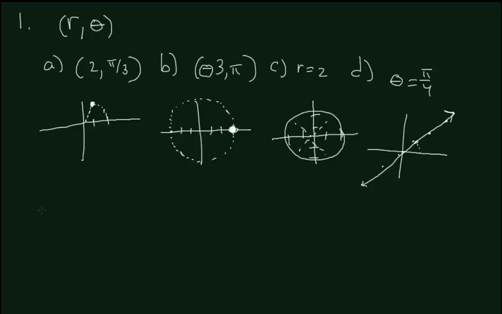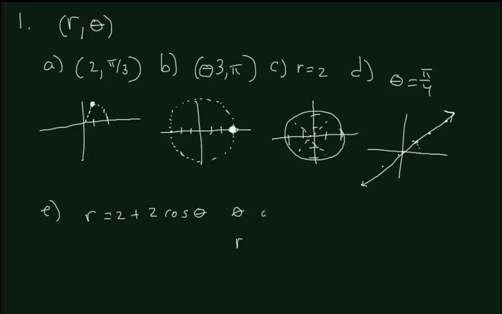Okay, finally, for part E, we're going to graph a function. This is r equals 2 plus 2 cosine theta. The independent variable here is theta, and for different values of theta, r will change. So what we're going to do is construct a chart, values of theta and values of the function r.